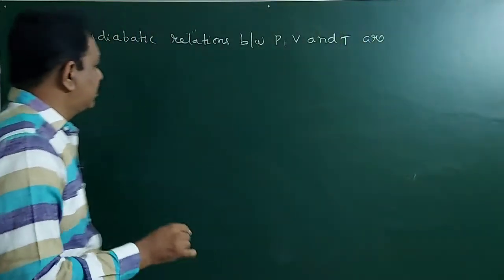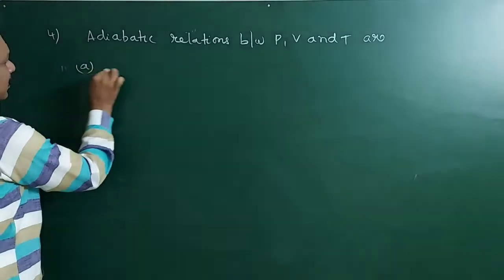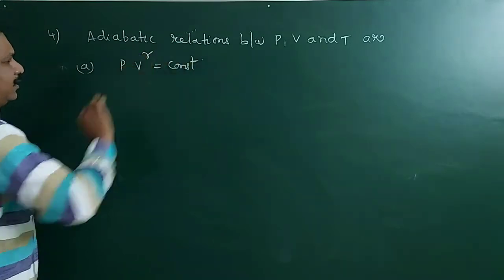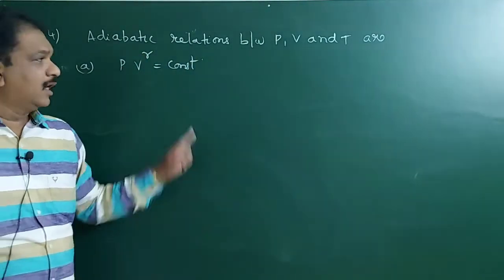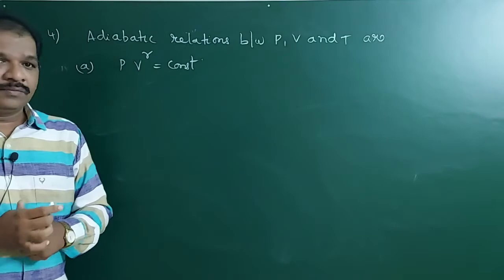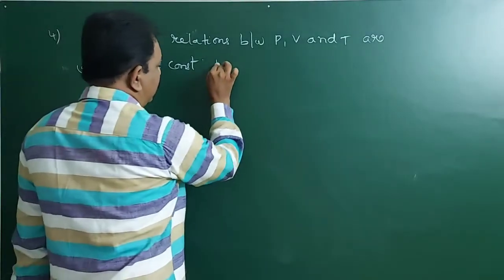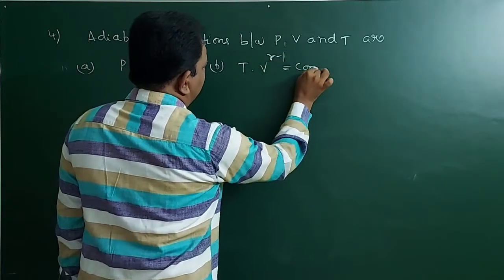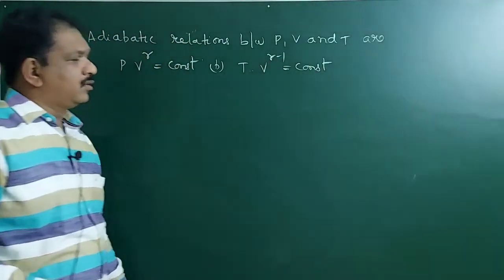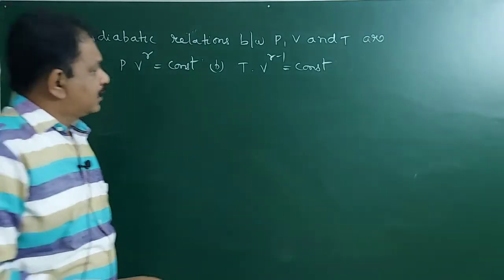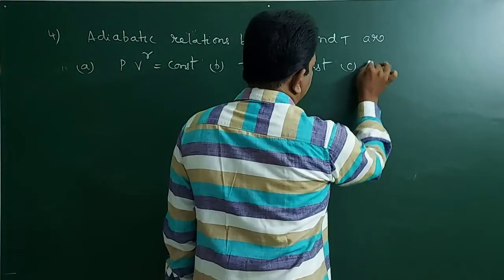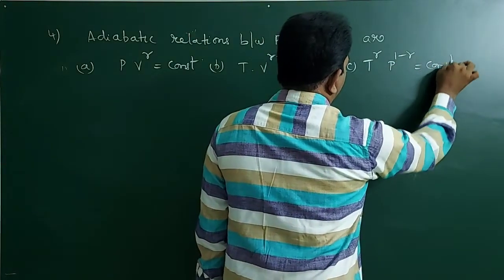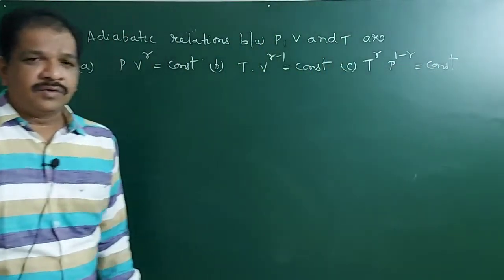See, first one is the PV relation: PV power gamma is equal to constant. Gamma is only for V. Next, TV relation: T V power gamma minus 1 is equal to constant. Next, PT relation: T power gamma P power 1 minus gamma is equal to constant.